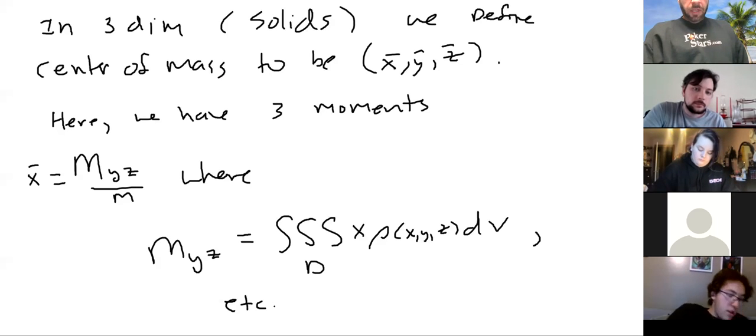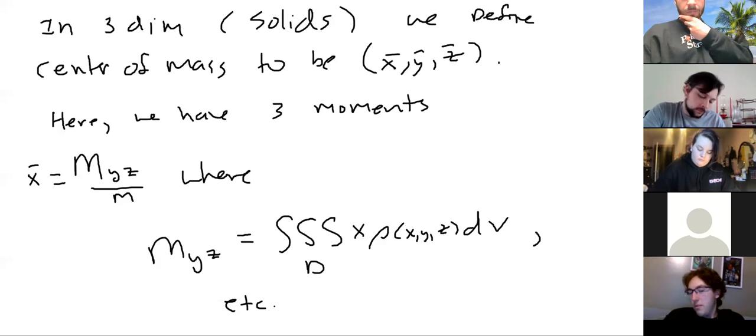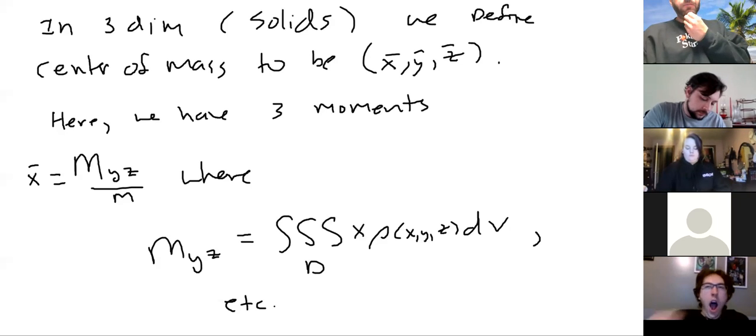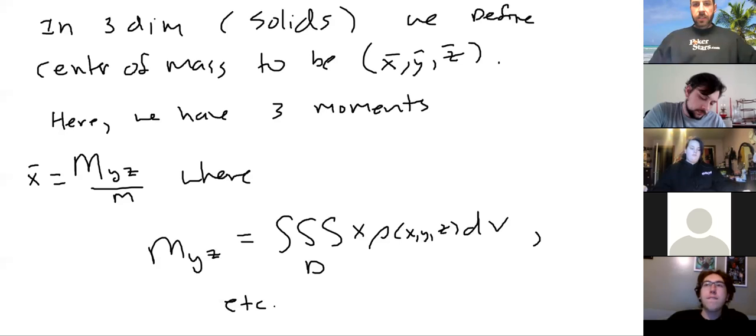So let's do an example. If you look at homework 10, I give you 3 questions about this. The first one, number 6, the density is 1.